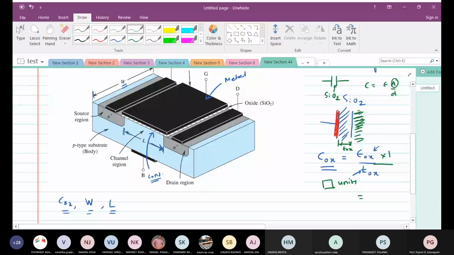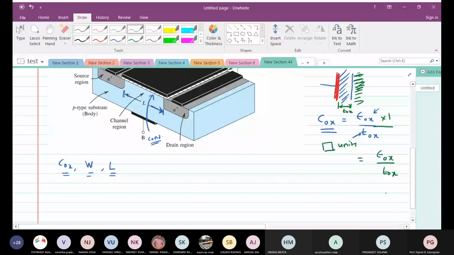So naturally, what we have is this given as epsilon OX divided by TOX. Is it clear now? Is this thing clear to all of you? Yes or no? Yes, sir. So we have the capacitance COX. This is called the oxide capacitance. This is the width of this region, and this is the channel length.